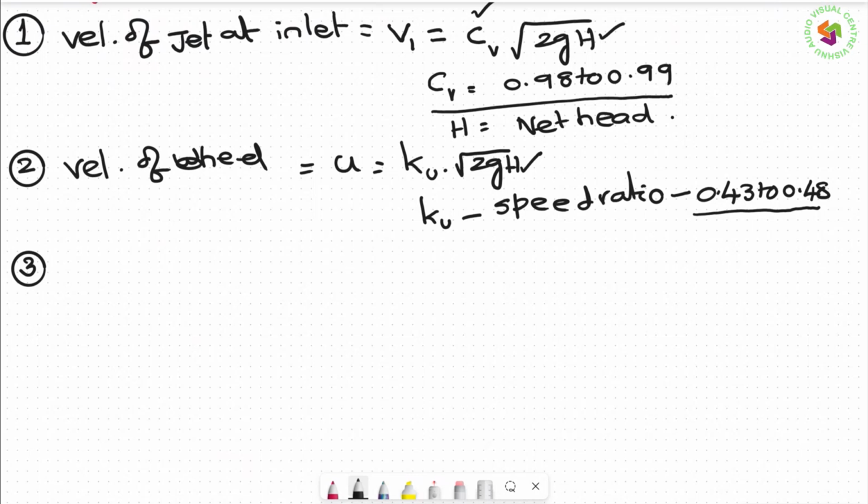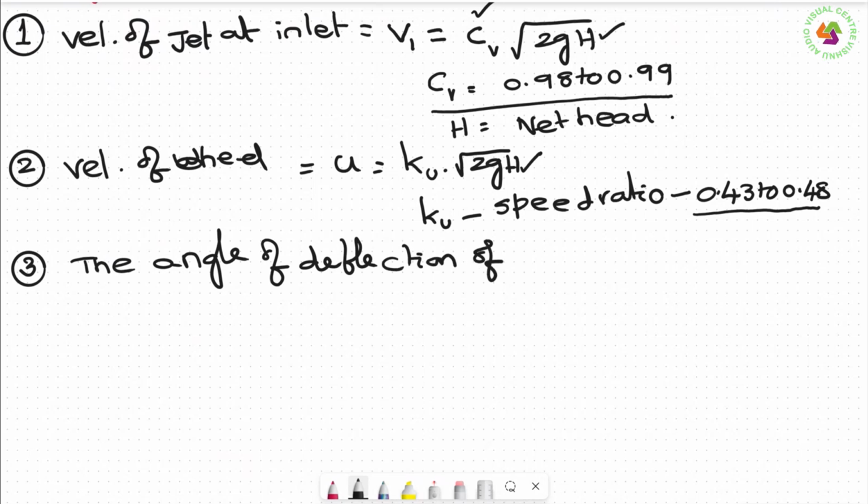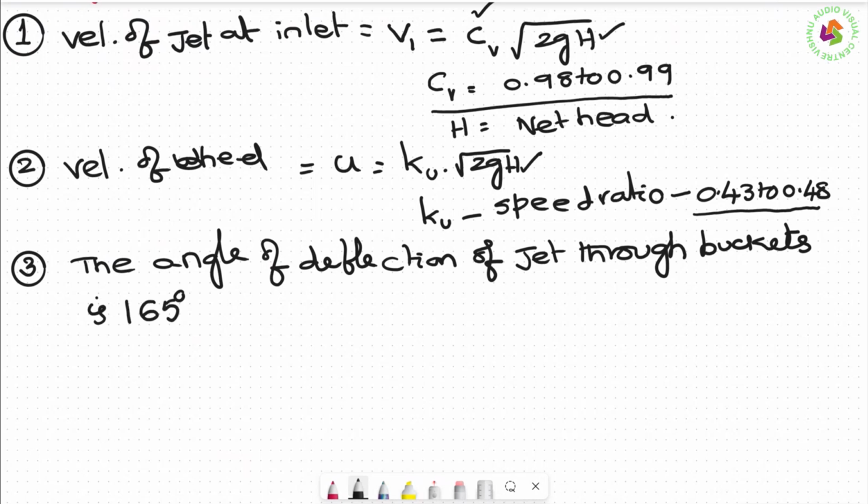Then the third point is the angle of deflection. When we have drawn the angle of deflection of jet through buckets, if it is given, you can take it, or otherwise it is generally 165 degrees.